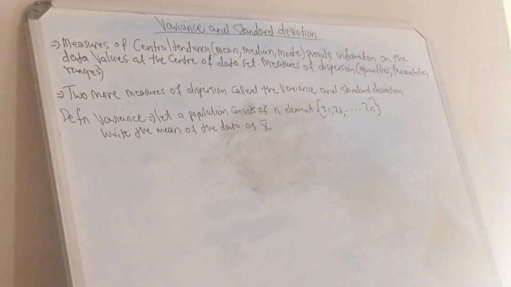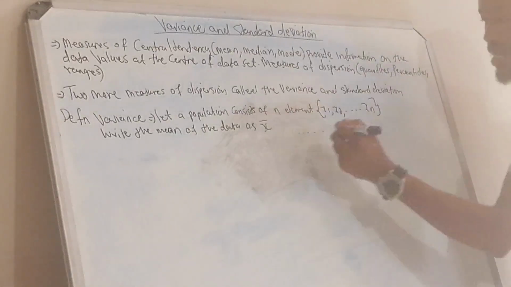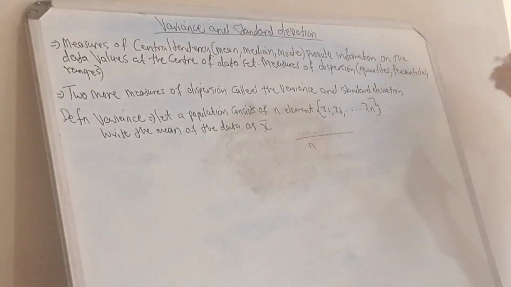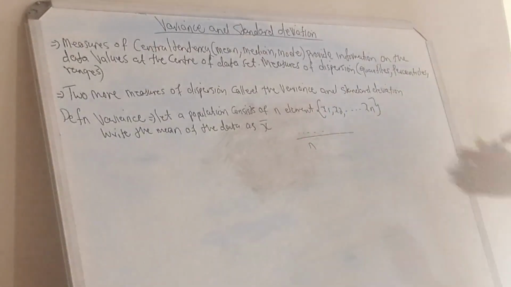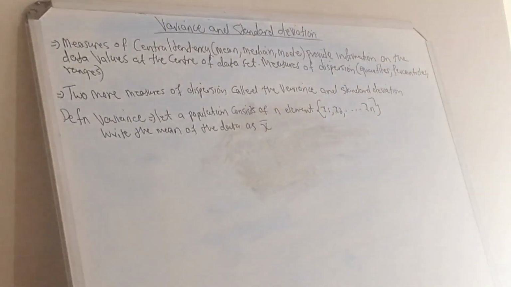You are taking the individual elements, adding them up, and dividing by the total number of those elements. Maybe there are 20, 30, 70 elements in your data set.